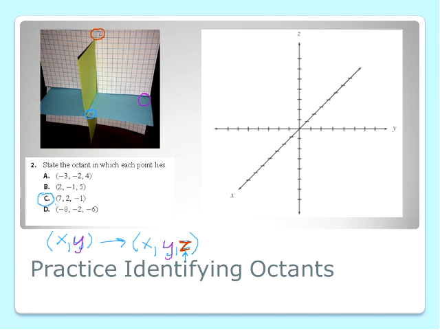So let's first find 7. We're going to go along the x-axis, 1, 2, 3, 4, 5, 6, 7, and say that's right there. Okay? Now we're going to go over 1, 2.